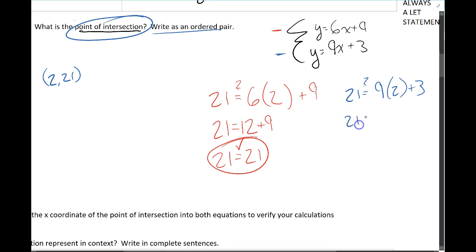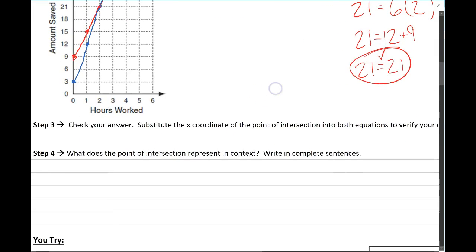Well, hopefully you can see pretty quickly, 18 plus 3. They are, in fact, both satisfied by this coordinate pair. So, coordinate pair 2, 21 satisfies both given equations.